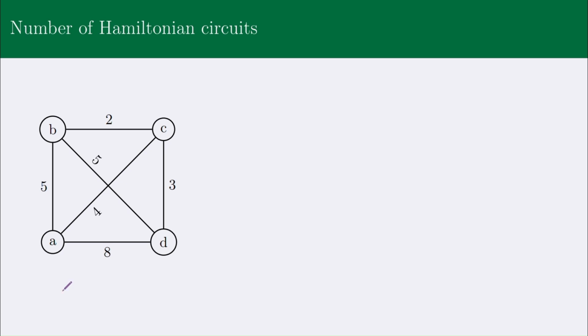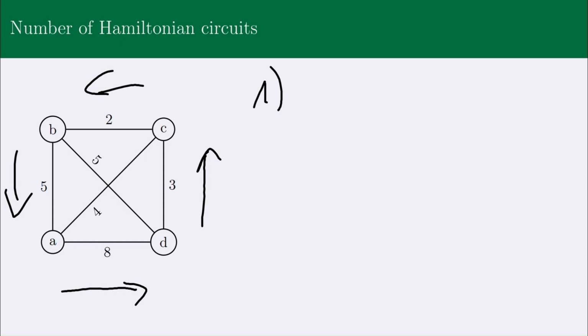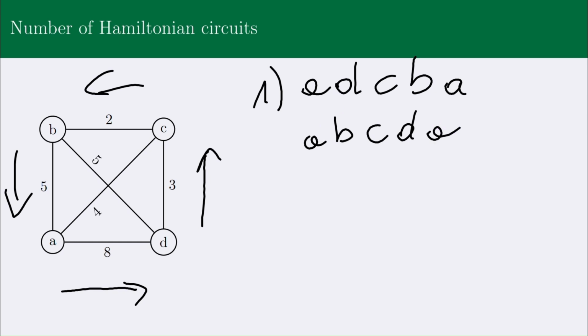So let's write them. We can go, for example, around. So the first circuit will be A, B, C, D, and A. Please note that this circuit in the opposite direction, so I will write it A, D, C, B, A, is exactly the same circuit as we wrote above. Why? Because we traverse exactly the same edges. So we are not focusing on the direction, but on the edges we traverse.